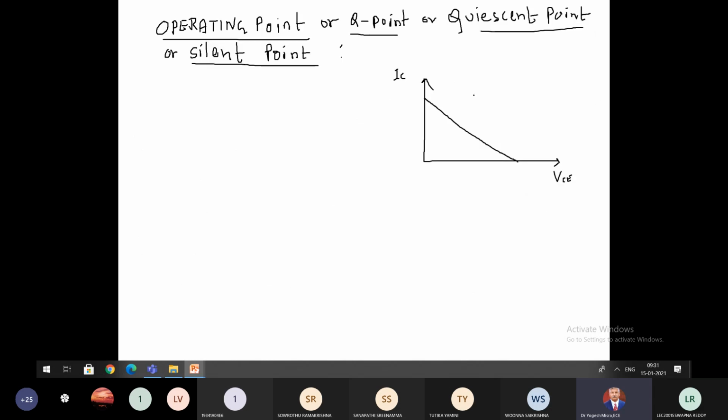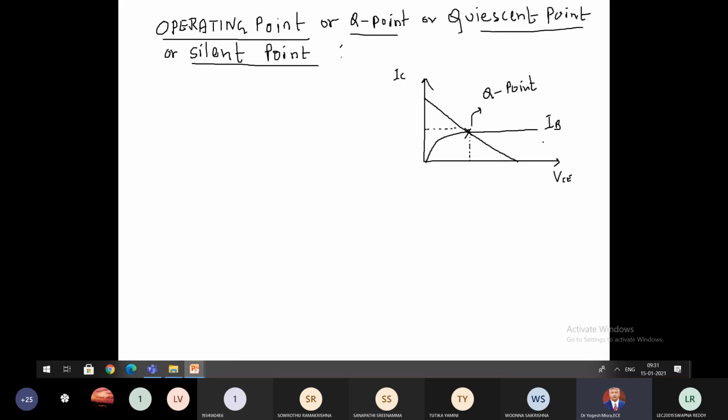If you draw the output characteristic of that IB like this, right, then the point where this curve cuts the DC load line, this is called the Q point or your operating point, right? At this point you will have some value of VCE and you will have some value of IC.